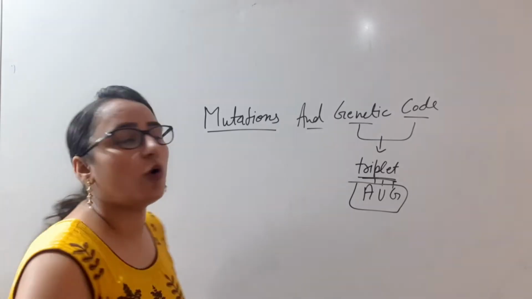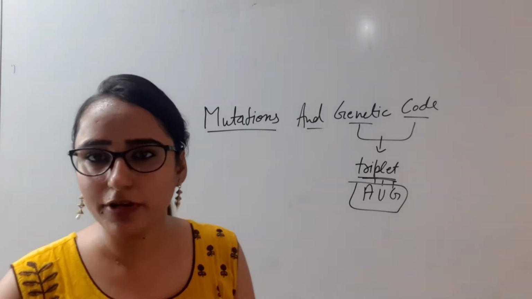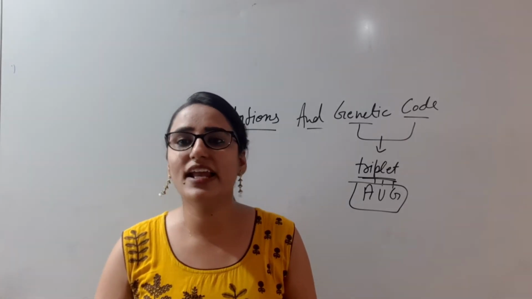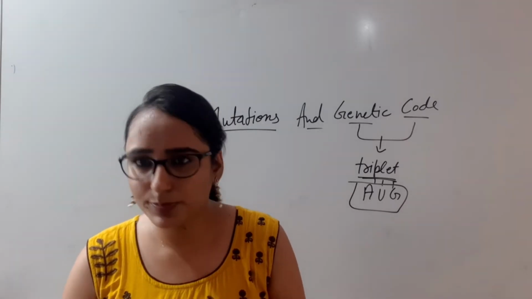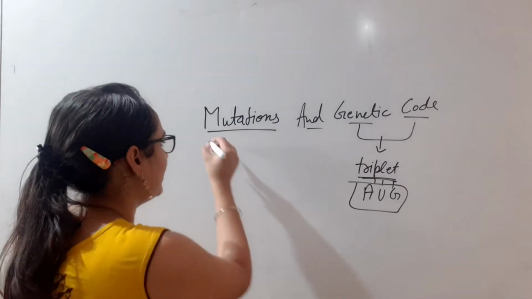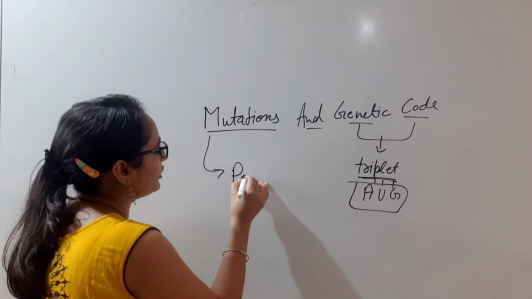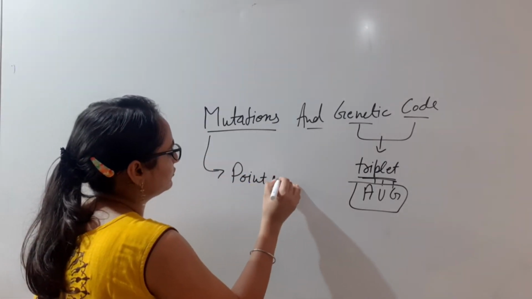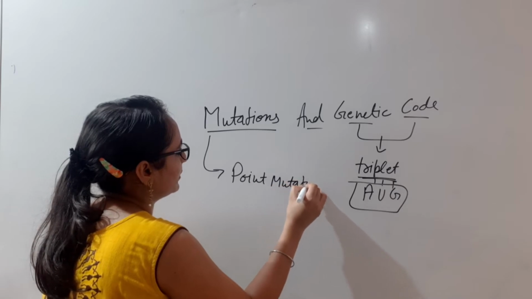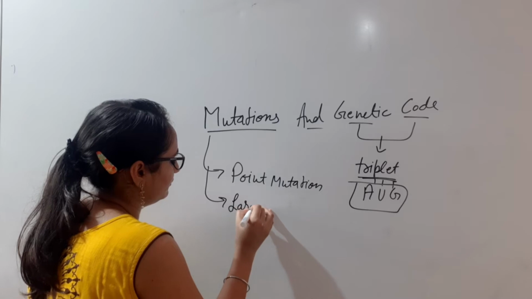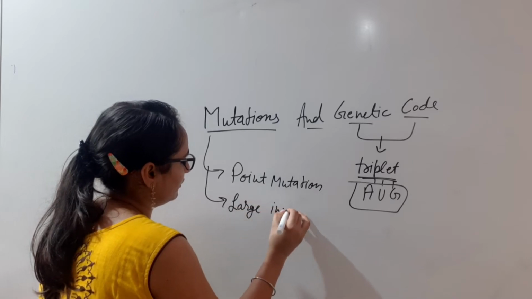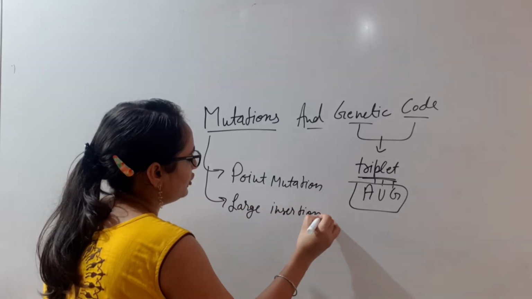See, we had already discussed about mutation in the previous chapter. That is, there are basically 3 types of mutation: point mutations, large insertions and large deletions.